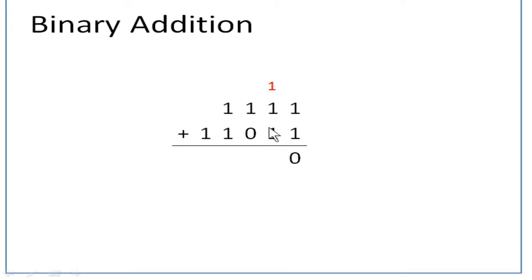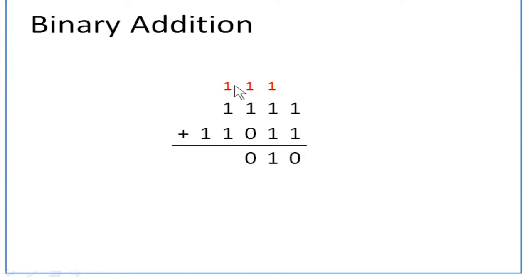Now you have 3 ones, so that is case number 5, 1 plus 1 plus 1 is 11. Put 1, the right hand side digit, and carry over the left hand side digit to the previous column. Here you get 1 plus 1, which becomes 10 again, so you put 0 and carry over 1 to the previous column.